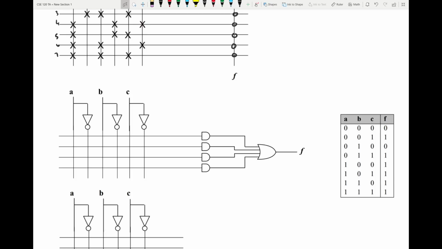However, for this, we can't just go based on row number. We have to do a little more work than that. We're going to have to figure out basically a logic expression that we can use to essentially find it out. And the best way to do that is to go ahead and make a truth table.